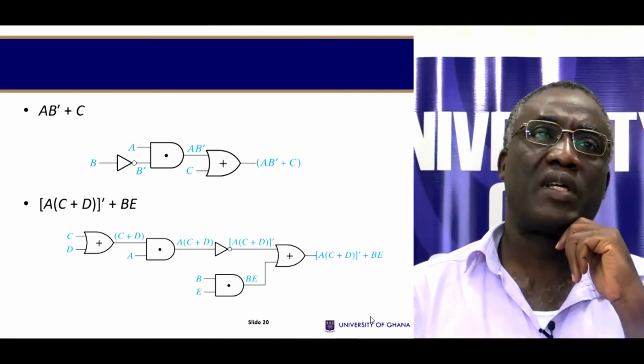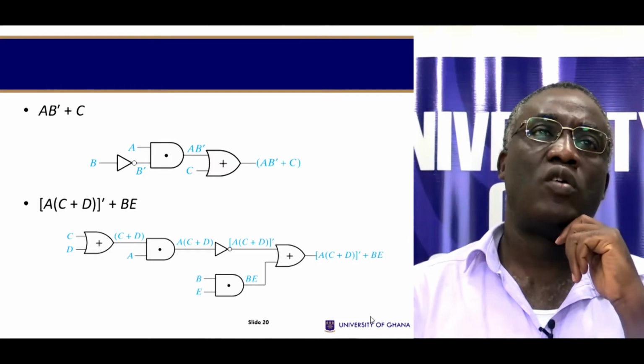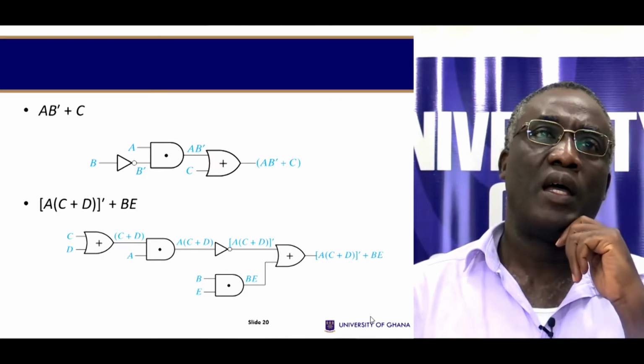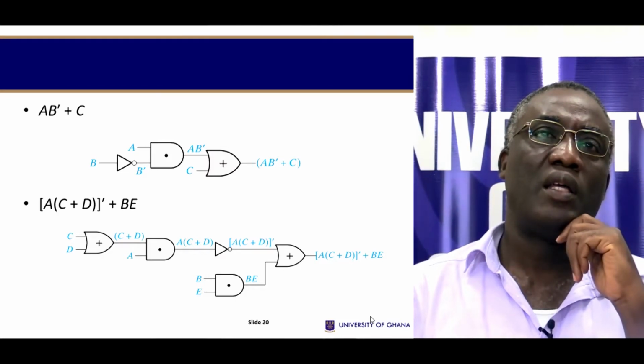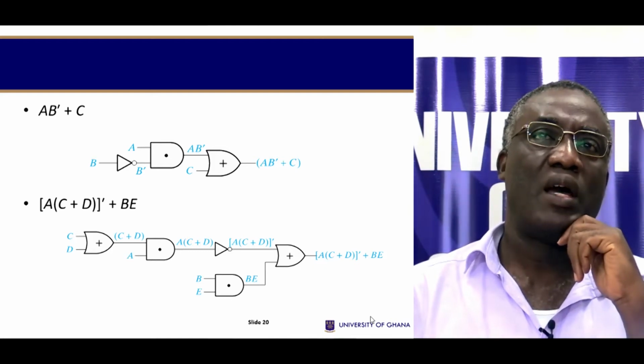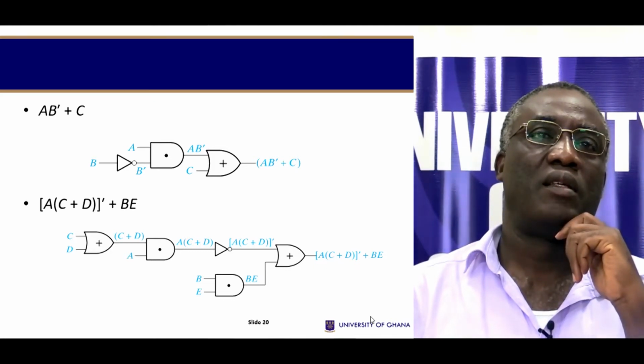So the B comes out as a not B, and then you have A and not B coming out, and then you OR that with a C. So you have A and not B, or a C.